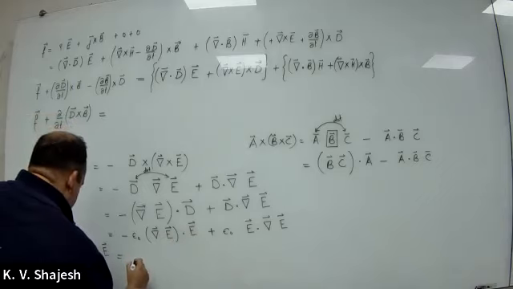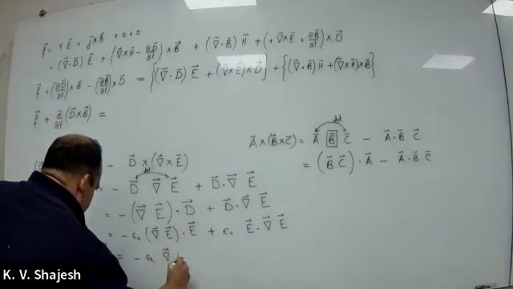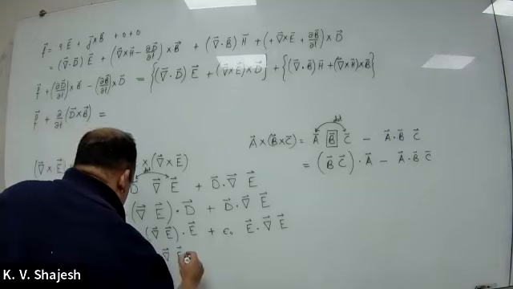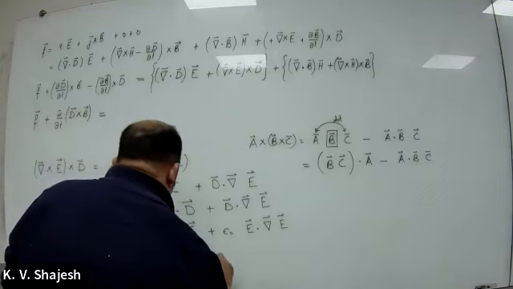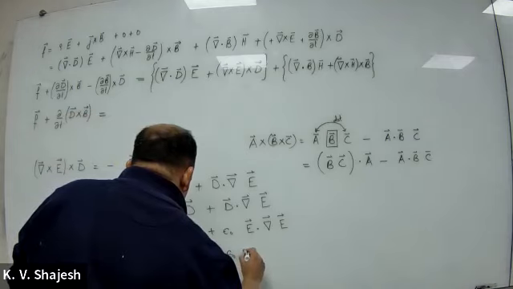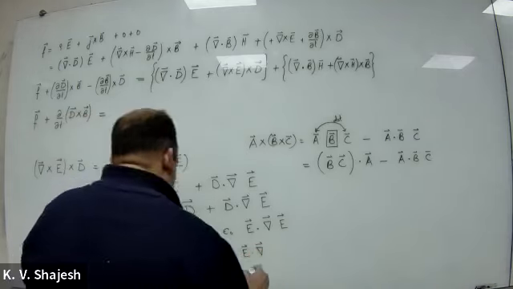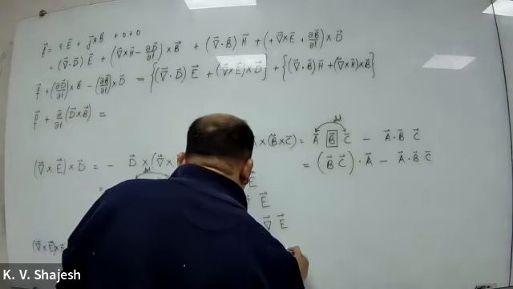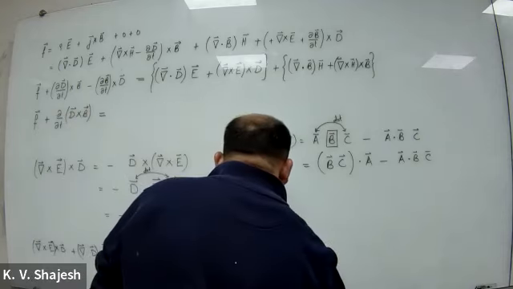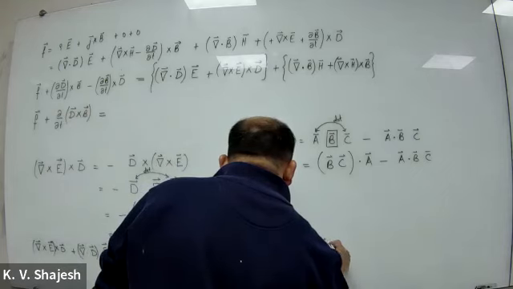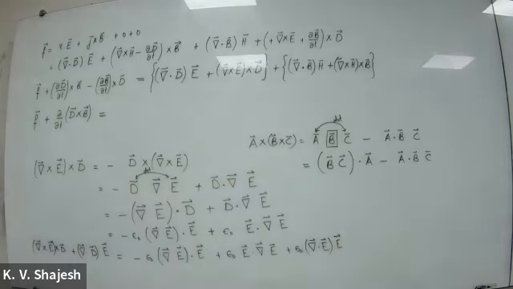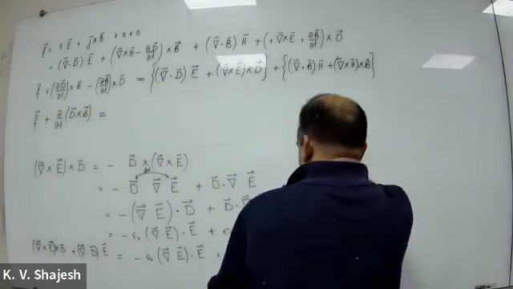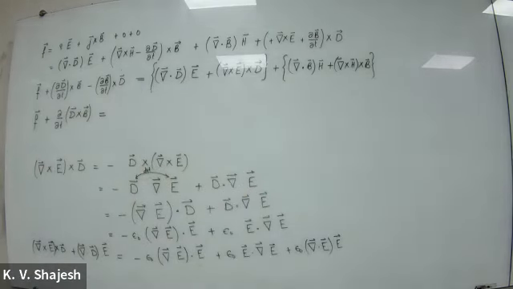This is minus epsilon naught E, plus epsilon naught E dotted with gradient E, and there's a plus epsilon naught, there's a del dotted with E times, let's see what this could be coming from.